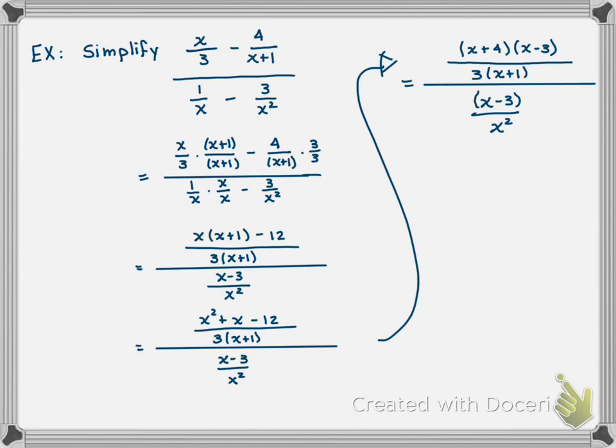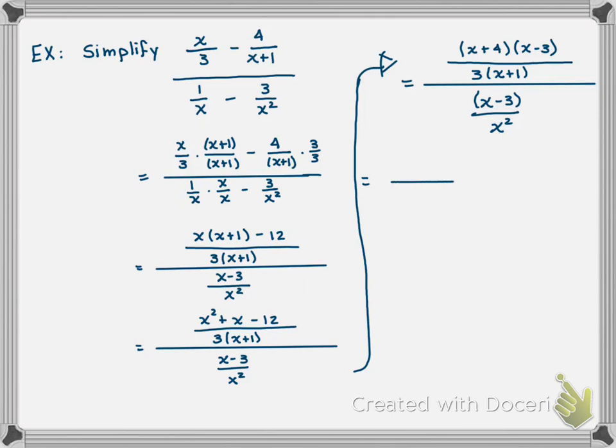What's next? Nick, what's next? So you'd want to change it, instead of being in a fraction form, you want it to be the first fraction divided by the second fraction. Good. Flip the second one, so it's multiplication.